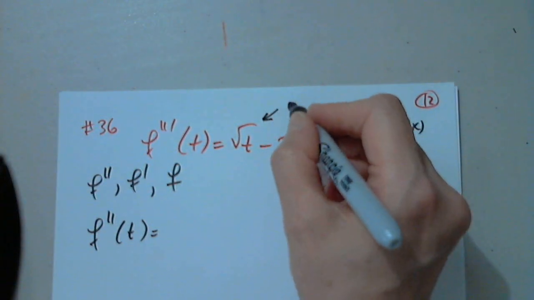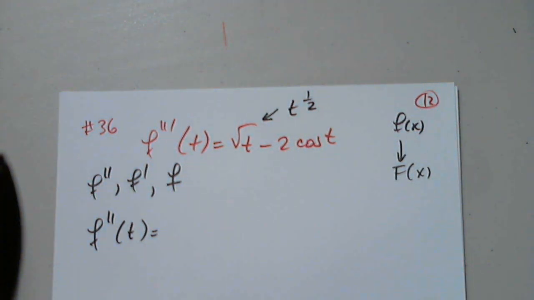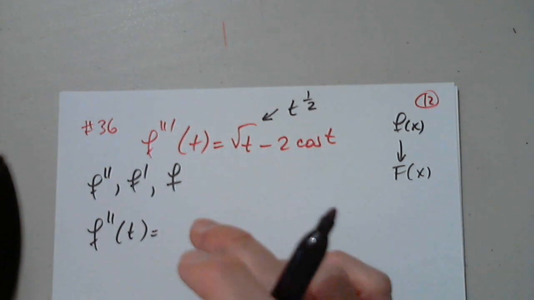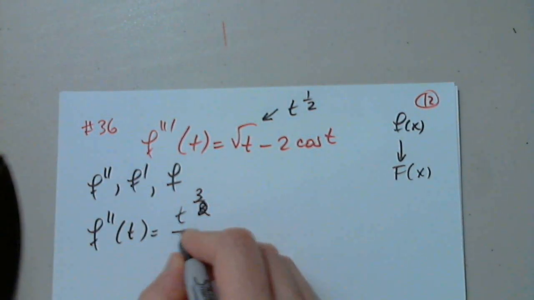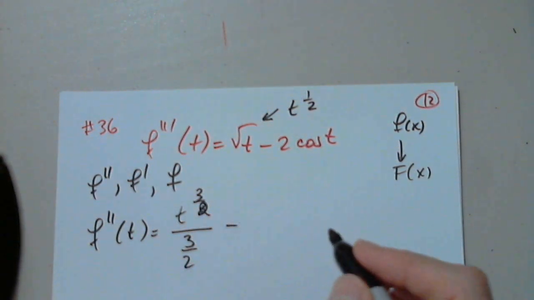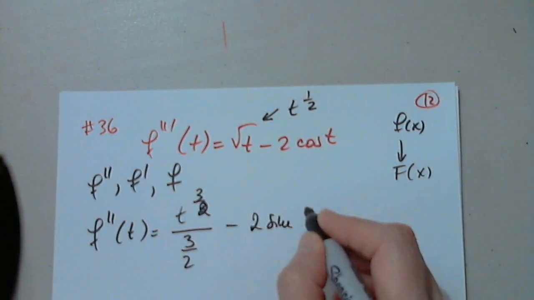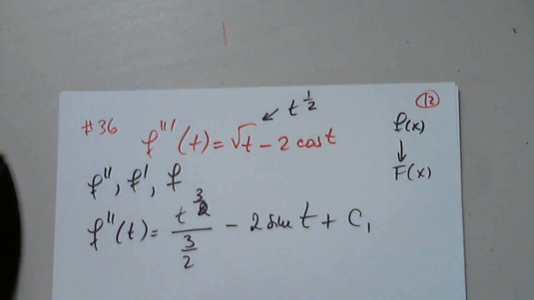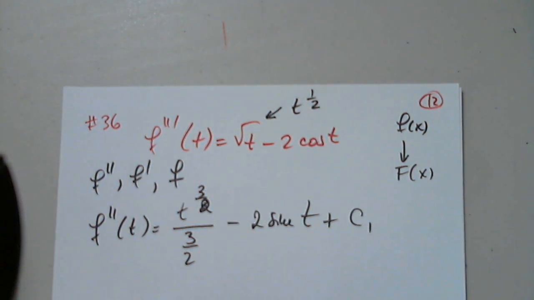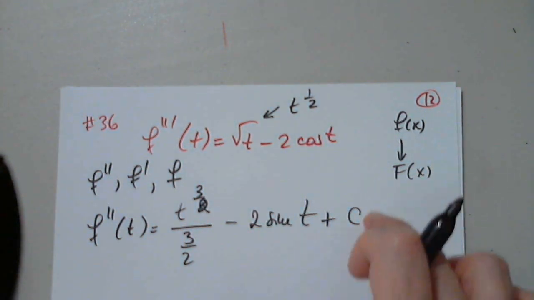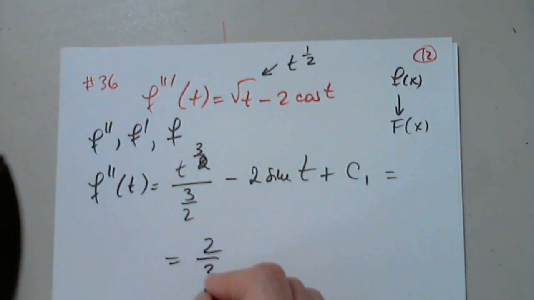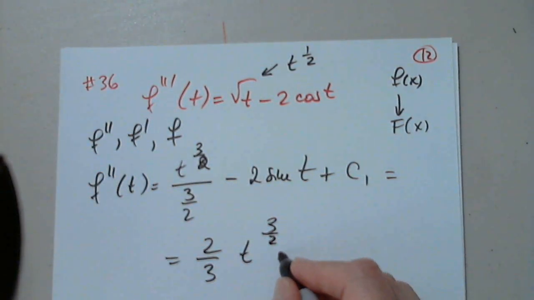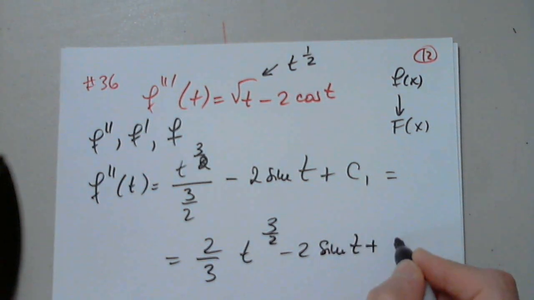And of course, I will change this into t to 1/2. So t to 1/2 will be t to 3/2 divided by 3/2 minus 2 sine t plus, I'm going to use c1 this time. So the derivative of this is this, the derivative of this is this, and the derivative of c1 is 0. I will flip. So this is 2/3 t to 3/2 minus 2 sine t plus c1.